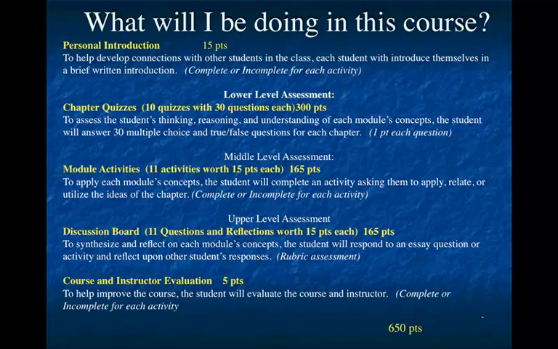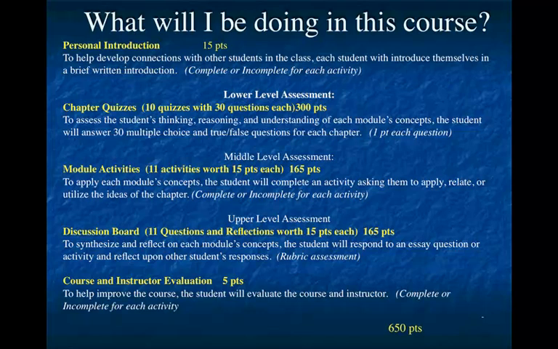Those will make sure that you know and understand the lower level information about teaching in secondary school. Then we'll ask you to apply it, so each of the modules will have an activity for you to complete, and those will be kind of fun. I think the first one is a mission statement for an ideal school that you might want to teach at, and then it goes all the way up to finding lesson plans and cooperative learning plans on different websites that you could actually use in your teaching.